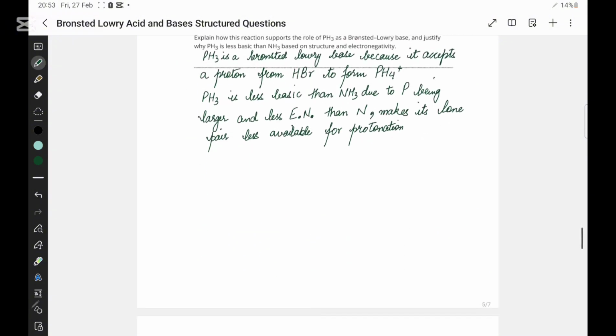What we mean by that, this is NH3, and when a proton comes here, it is going to develop a coordinate covalent bond with hydrogen in this form, having a positive charge on it.